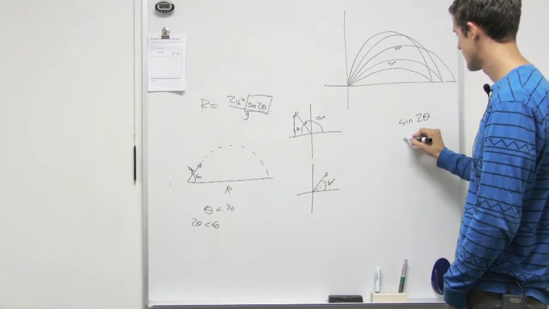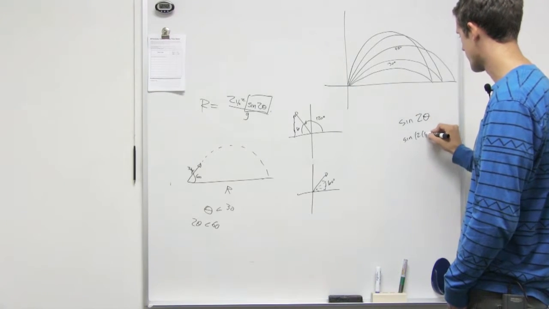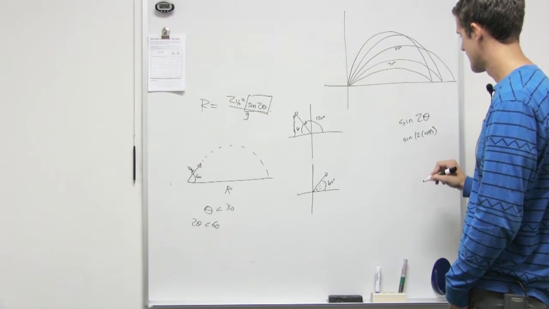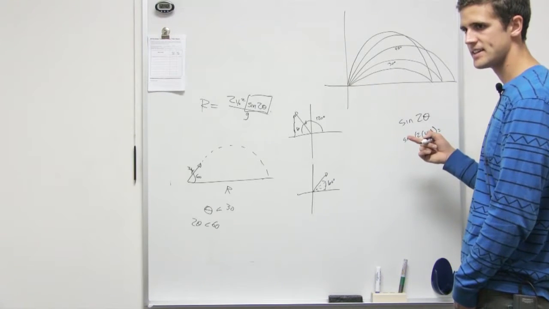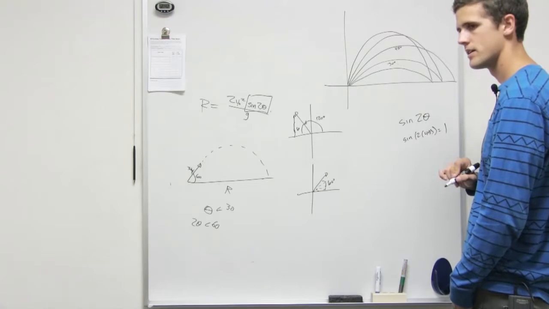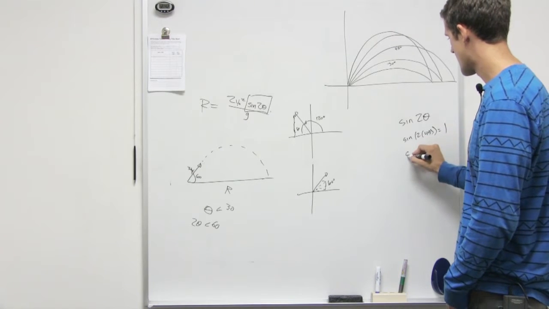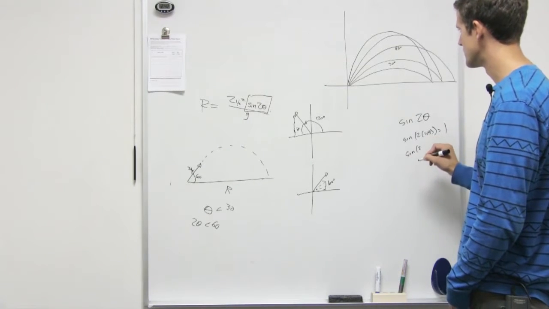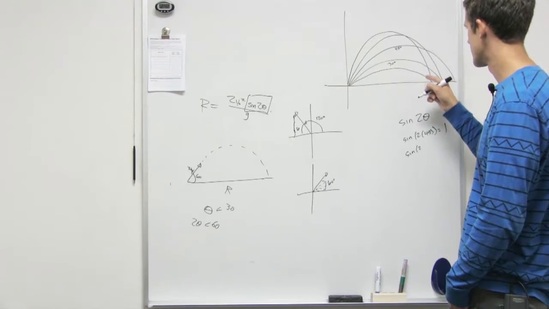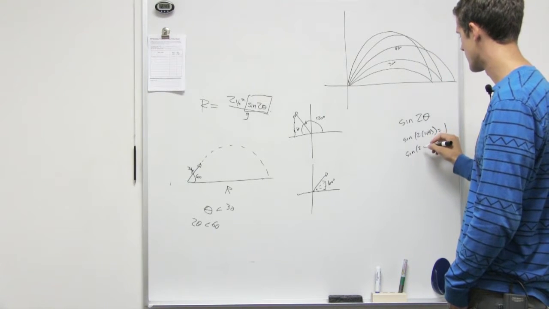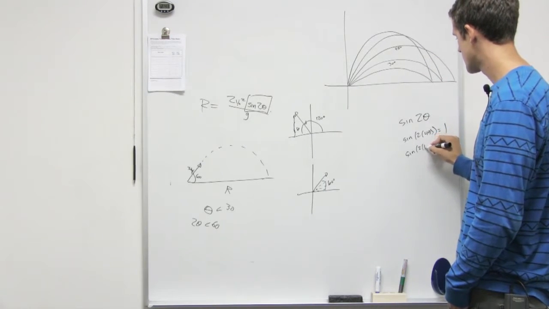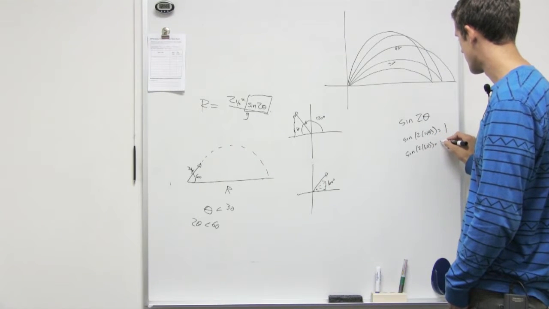because the sine of 2 times 45 is the sine of 90, which is 1. The sine of 2 times 60 is the sine of 120.